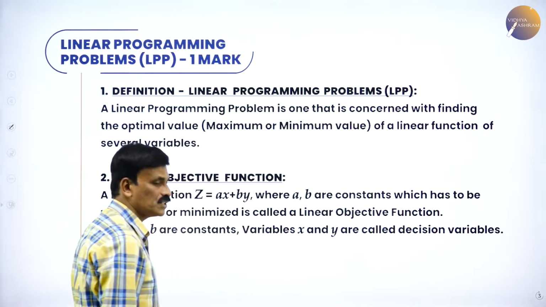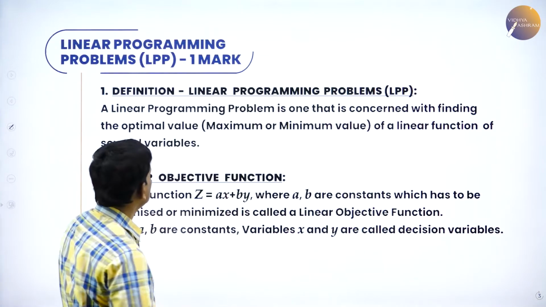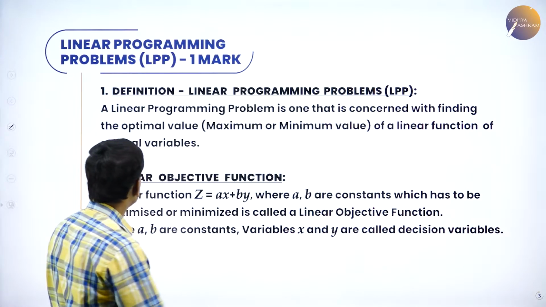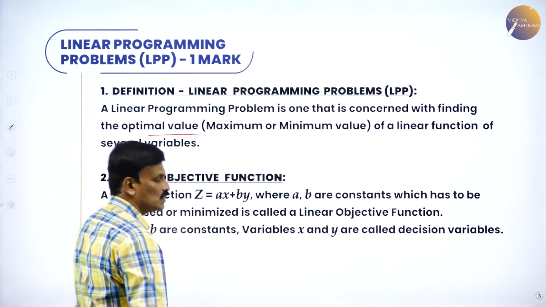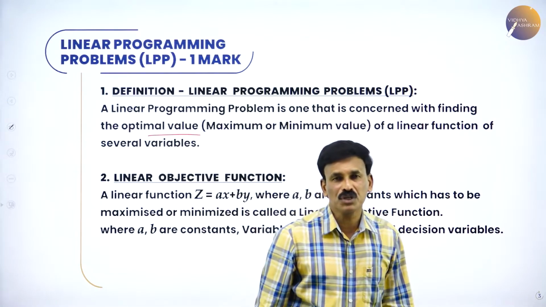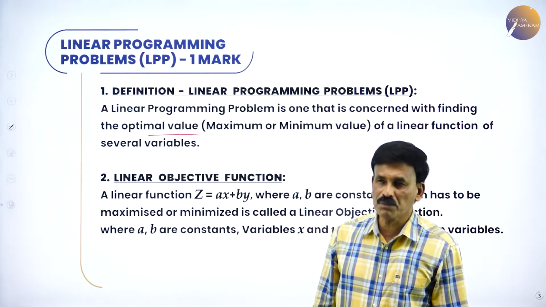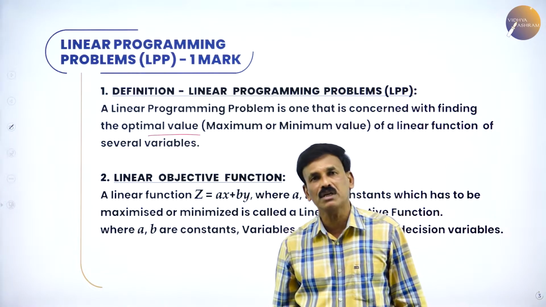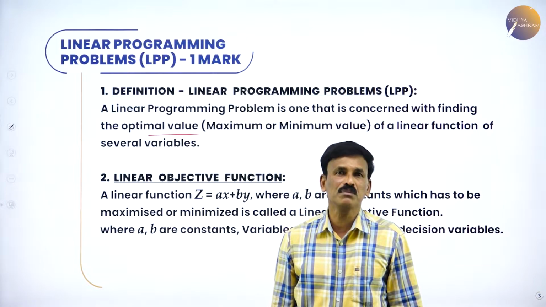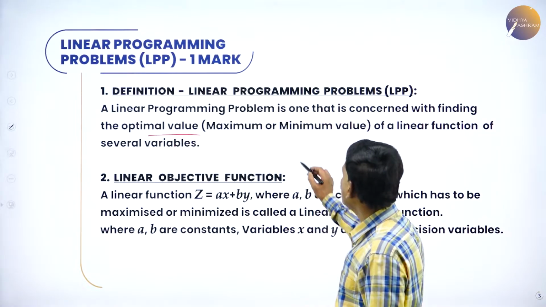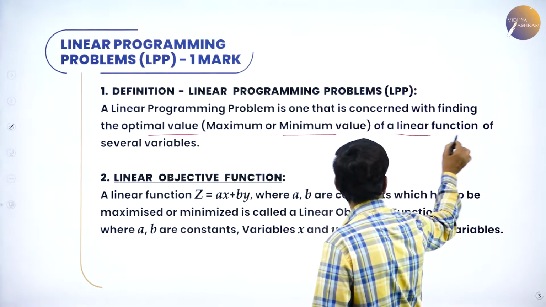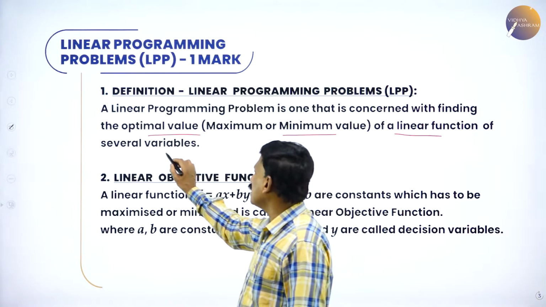Now, what is the definition of a linear programming problem? A linear programming problem is one which is dealing with finding the optimal value. Optimal value is nothing but finding the maximum or minimum value of a linear function of several variables.